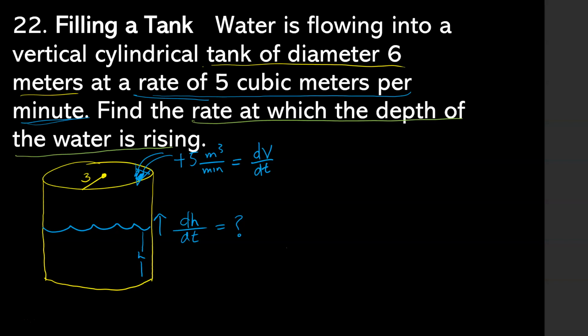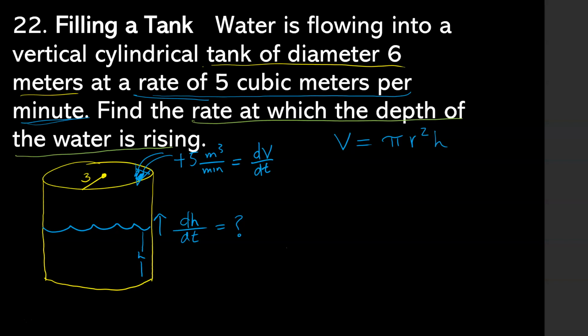Okay, so let's see if we can figure this out. Can you find some equation involving cylinders that has a volume and an h? So volume is pi times the radius squared times the height.